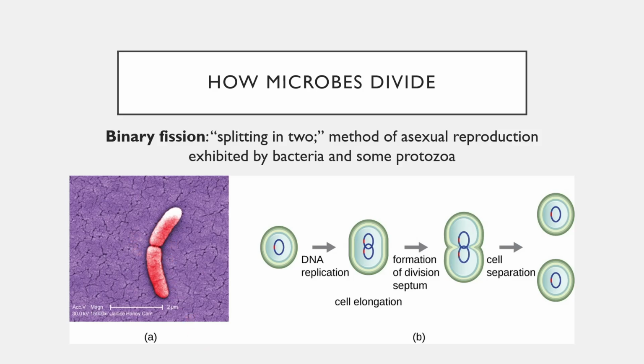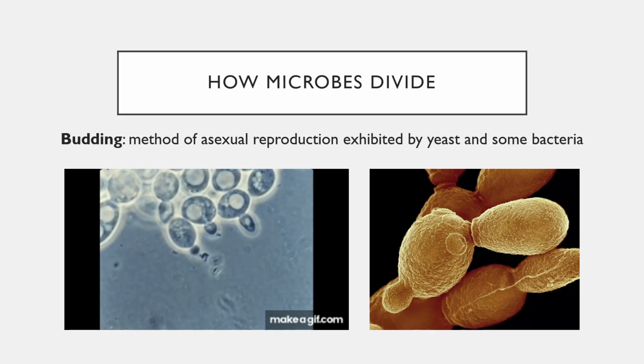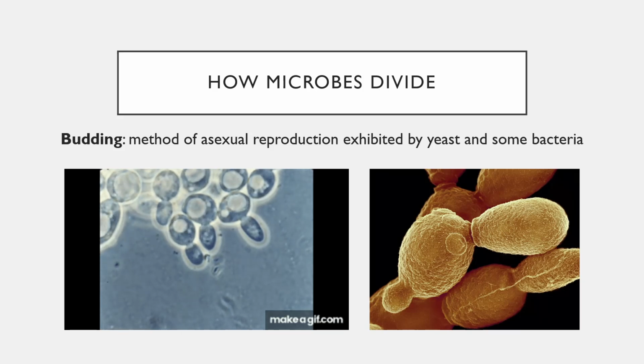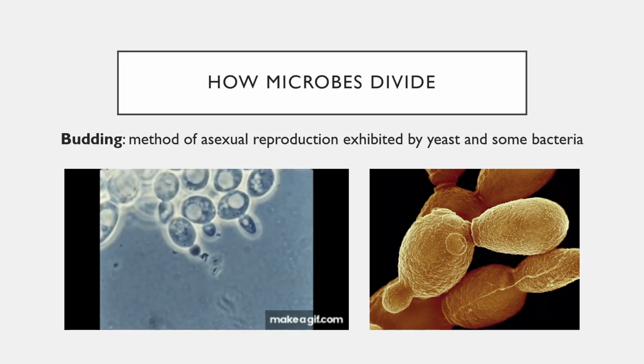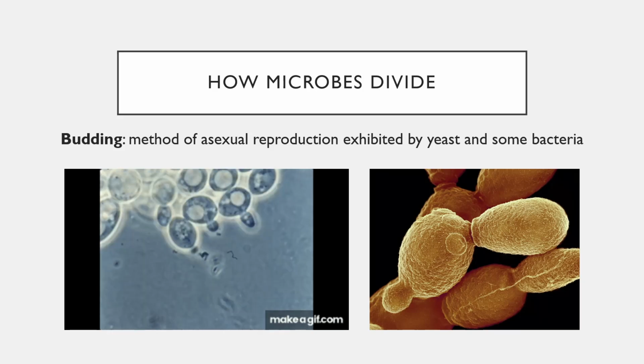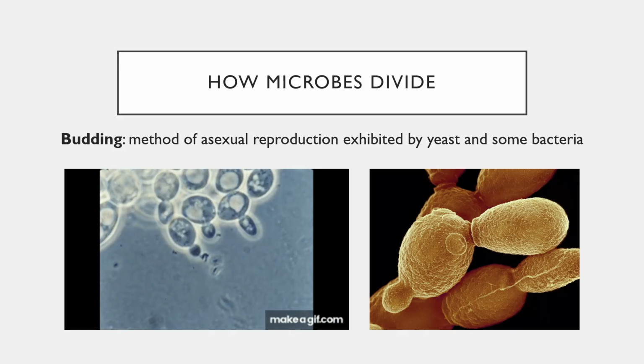Another form of microbial division is a phenomenon called budding. Budding is also a type of asexual reproduction, but this type of reproduction takes place mainly not in bacteria, but rather in yeast. There are some bacteria that perform budding, but yeast, the eukaryotic single-celled fungi, are the main organisms that perform this type of reproduction.